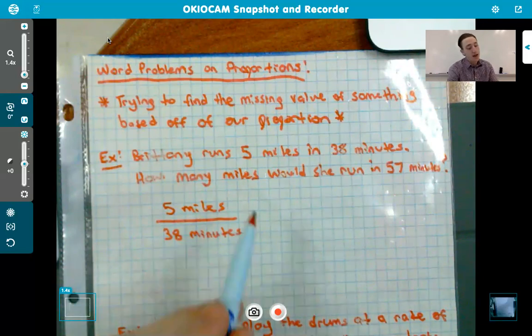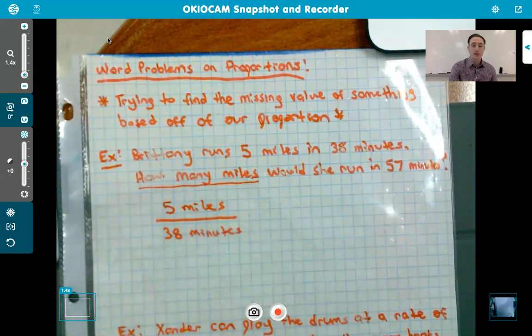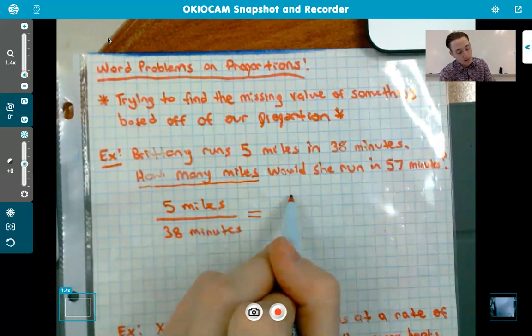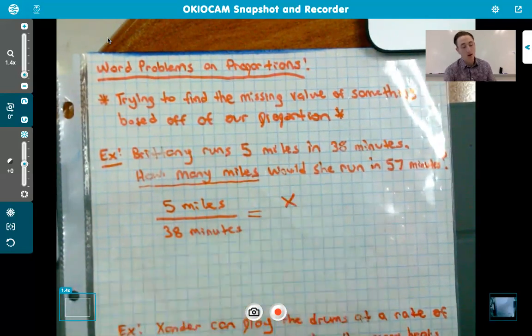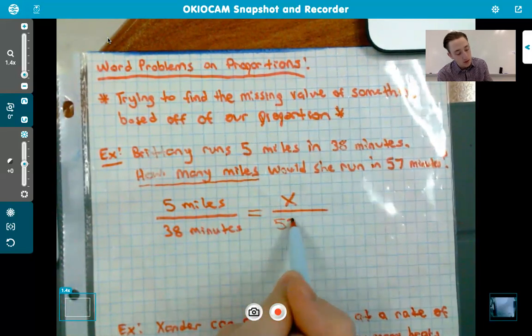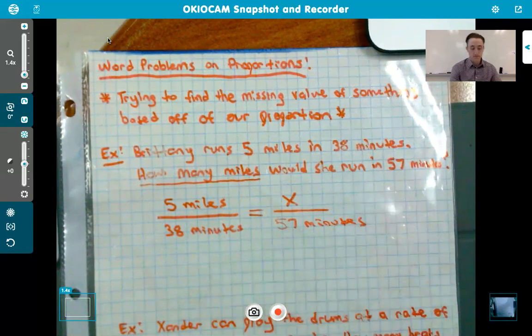And they're asking us how many miles. So we're trying to find a distance, right? So we're going to set this equal to X. We'll call X our variable. That'll be the amount of miles that is traveled by Brittany over our other known value, and in this particular situation, that is the 57 minutes.